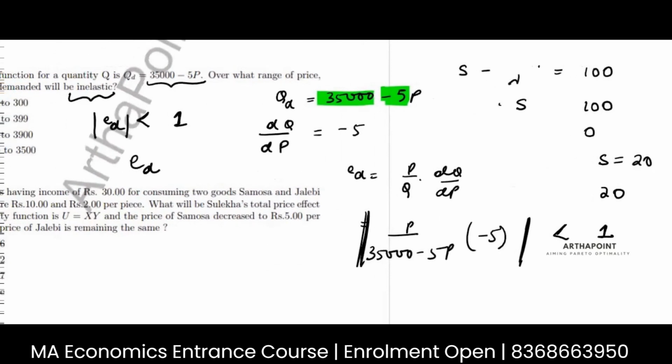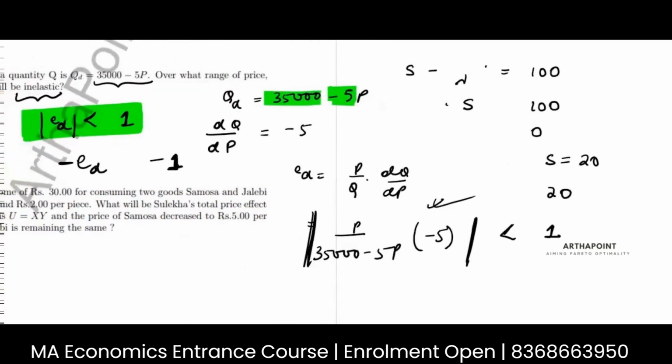If I have to consider it with the negative sign, then I can take minus 1 and solve also. I can compare it with minus 1. But I prefer doing it in the absolute values, because in that sense, we never tend to make any mistake by changing the greater than or less than sign.